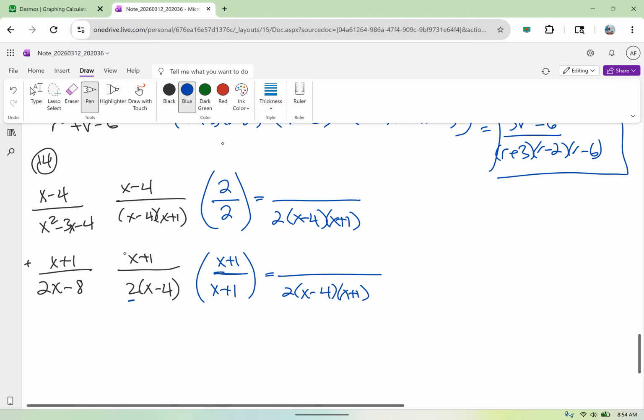And on top, we have a binomial times a binomial. Foiling that becomes x² plus 2x plus 1. And then on the top up here, I have x minus 4 times 2. Distribute the 2.